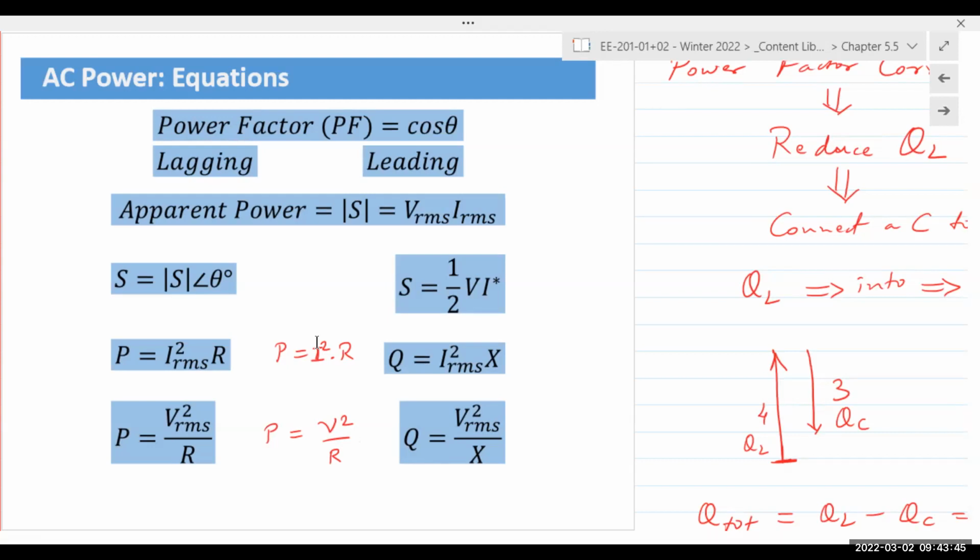Same way, when you take Q and you plug it into the equation for S, total complex power, you would have plus JQ or minus JQ. By itself, it does not have the imaginary number. So if there's ever a question and you're trying to find Q, make sure you do not include J in there.